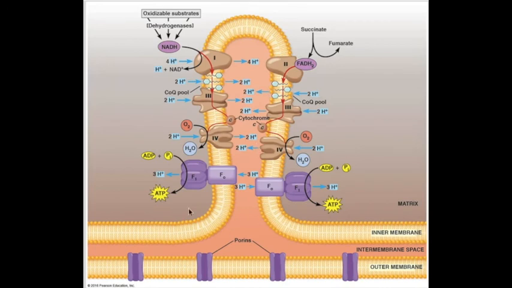So I think that explains the electron transport chain, how these electrons are transferred from either NADH or FADH2, and how those electrons go about reducing oxygen into water.